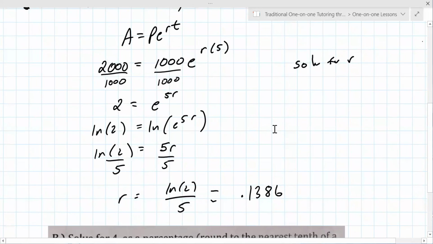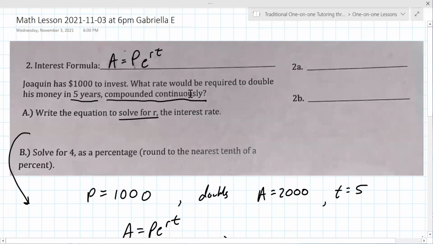Yeah. Perfect. Now on your exam, I'm going to make a small point here. They might say double, they might say triple. Whatever they say, they don't have to give you that number, because if it's doubling, whatever P is, you just double it to get A. Let's say you start with $100. What would A be? 200. What happens when you divide 200 by 100? You get 2 for double.